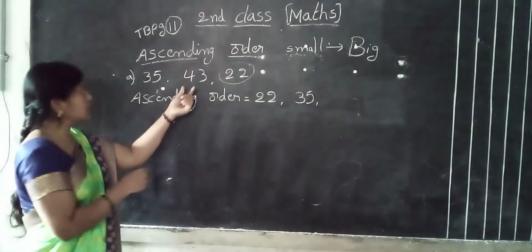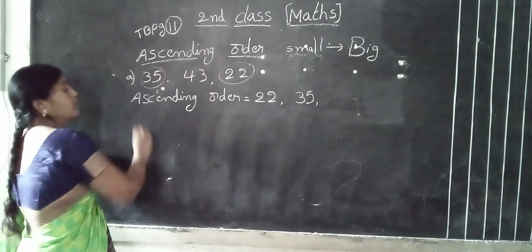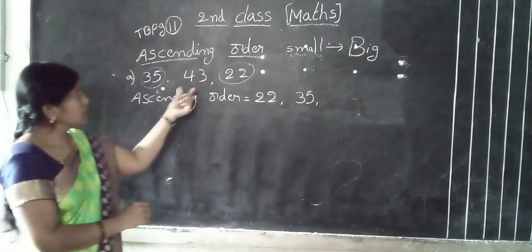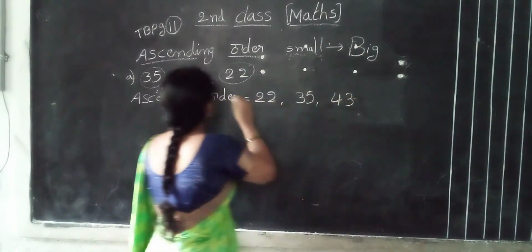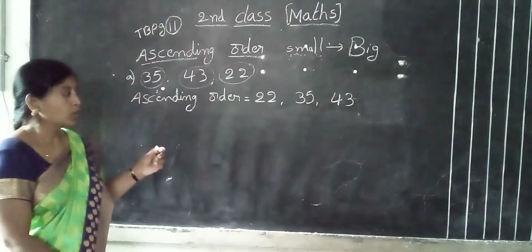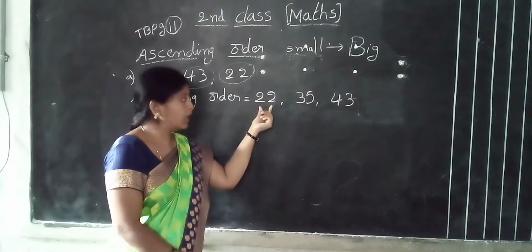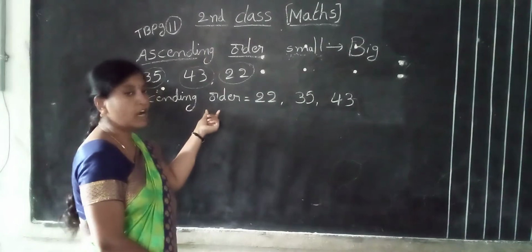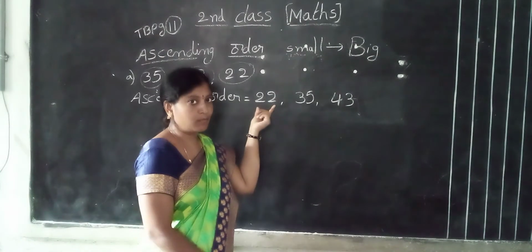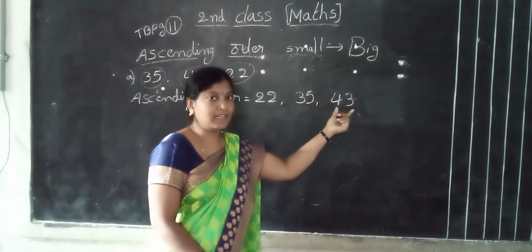Okay, next 43. Clear, children? So in this ascending order, 22 is the smallest number. 43 is the biggest number.